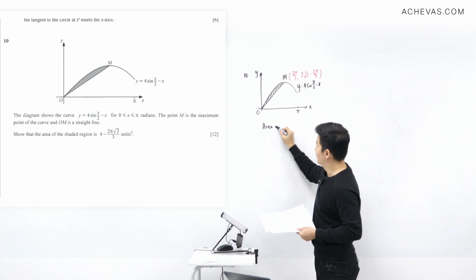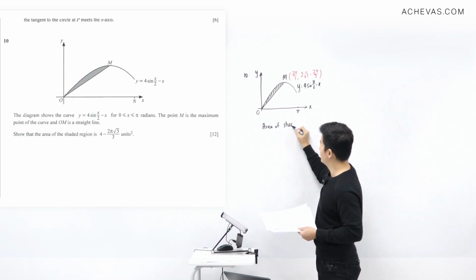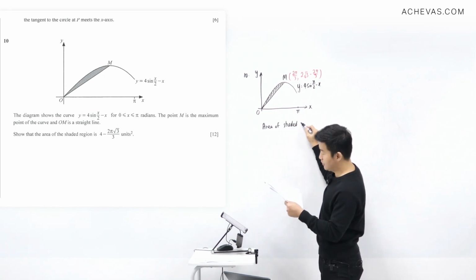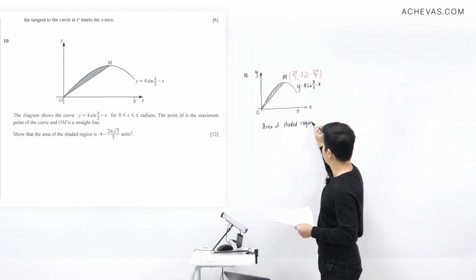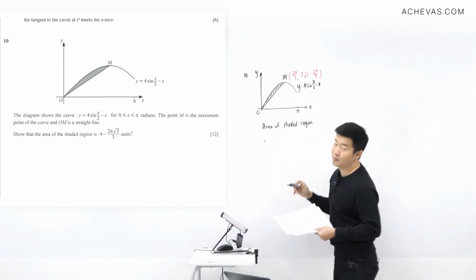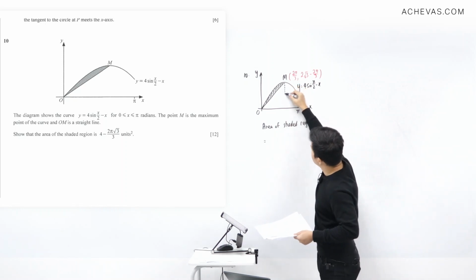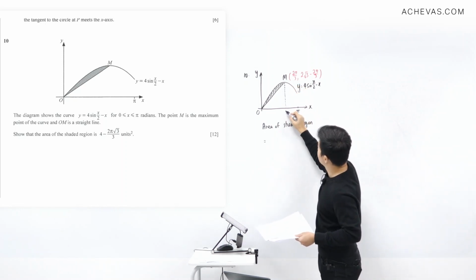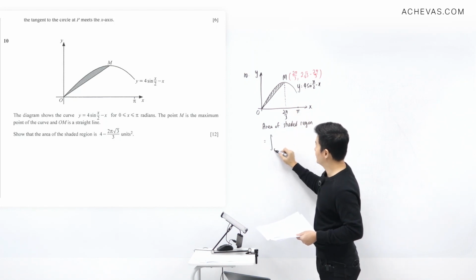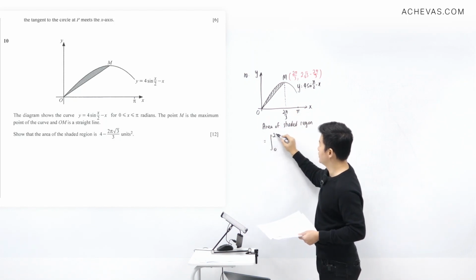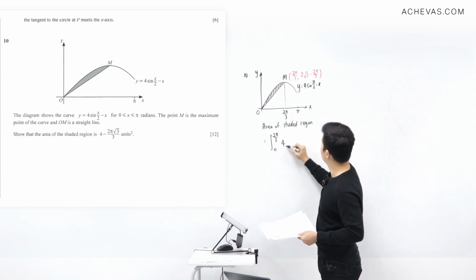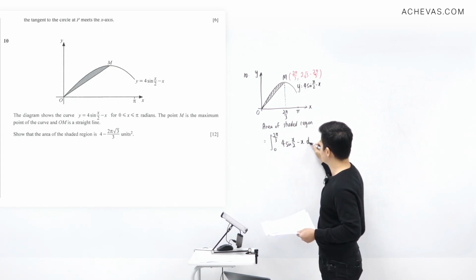The area of the shaded region, I'm going to make use of integration. So a vertical line down, this is going to be at 2π/3. So we are going to be integrating from 0 all the way until 2π/3 for this curve, which is 4 sin(x/2) minus x.